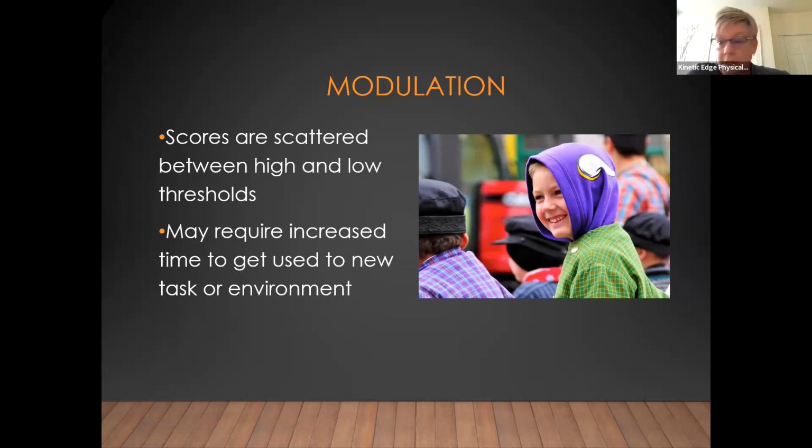It may take 10 minutes to get them back doing what they were doing before. Whereas some kids are going to hear that, oh, that's a fire truck. I've heard that sound before. Their brain will put the image of the fire truck in there, and they don't necessarily need to go to the window to see it. And they can keep working on what they need to be working on.